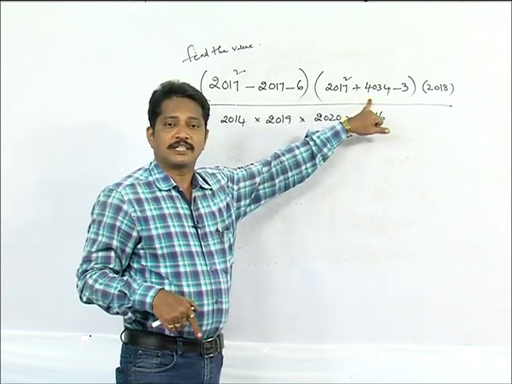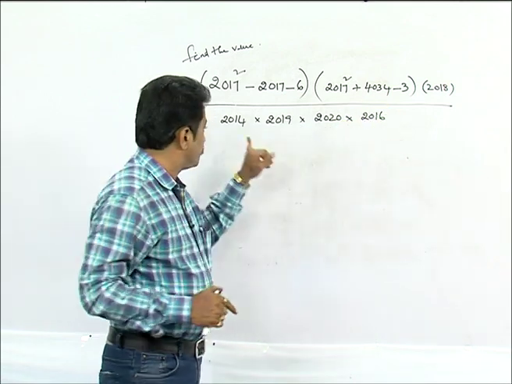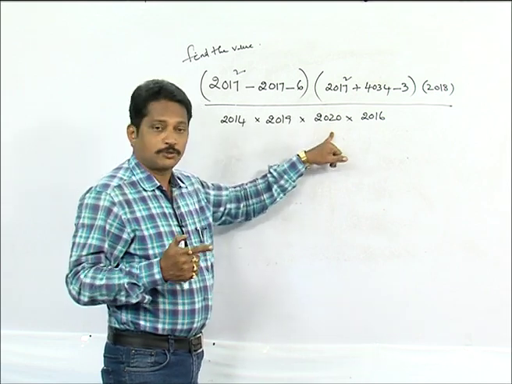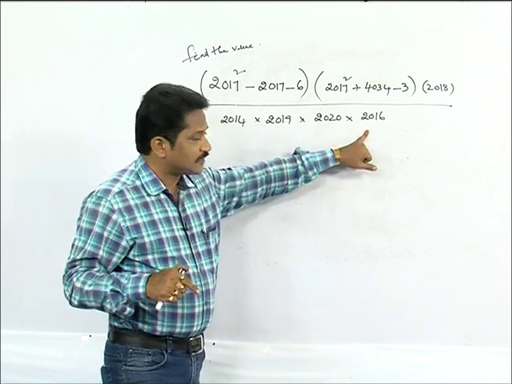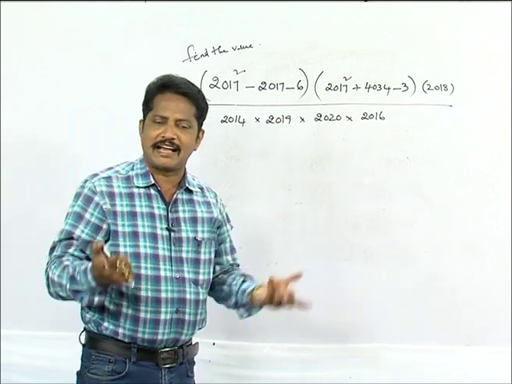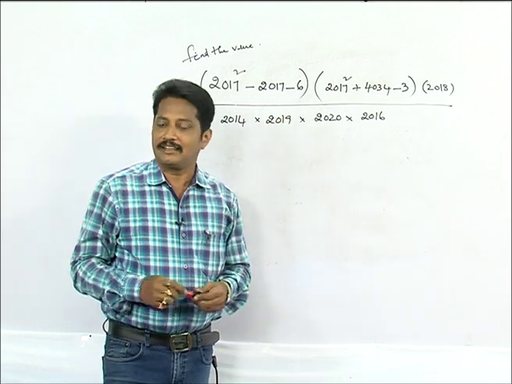What is 4034? Twice 2017. 2018 is one more. 2014 is 3 less. 2019 is 2 more. 2020 is 3 more. 2016 is 1 less. So, you can express each and every value of this given expression in terms of 2017.